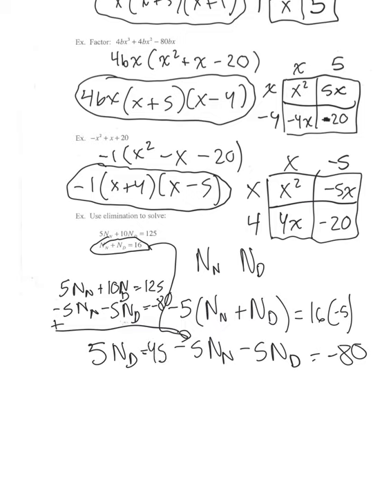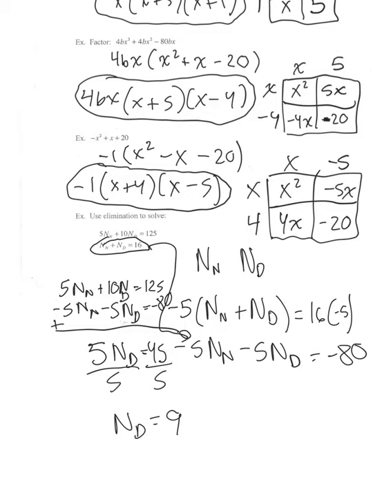And now I have something that I can solve. 5 n sub d equals 45. I can divide each side by 5 to solve for n sub d, and that would make n sub d equal to 9. And now, all I have to do is plug 9 in for n sub d into one of my equations from the system, and I will have solved that system.